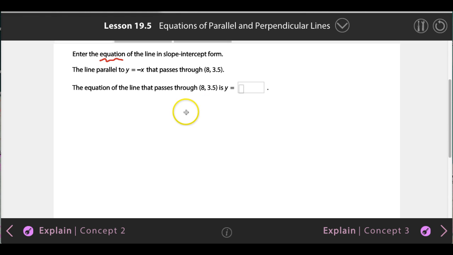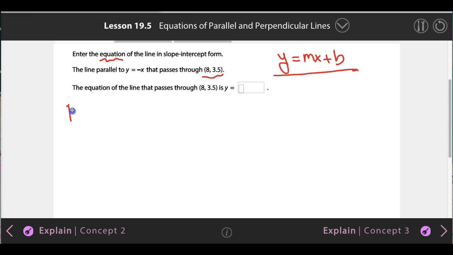Okay, so we already know that our answer is supposed to look like y equals mx plus b, and we learned this first semester. But then, we need to come up with a different formula to come up with an equation that has the same slope as this and then passes through that.